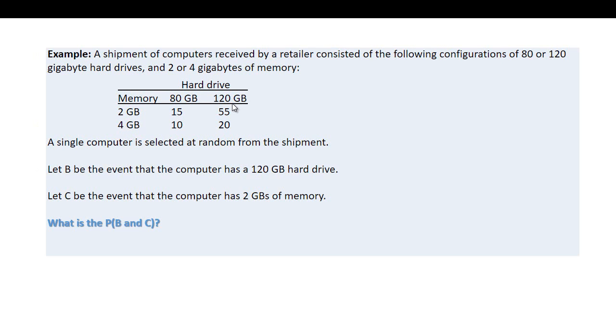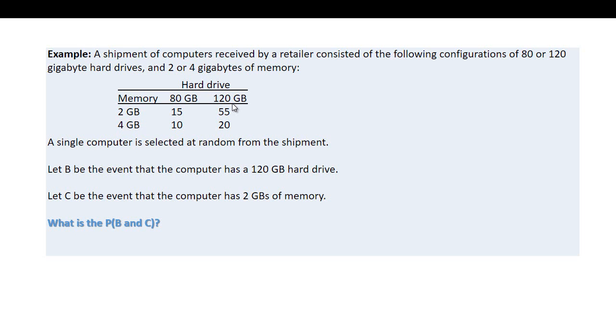Here's another example. Let's say a shipment of computers received by a retailer consisted of the following configurations of 80 or 120 gigabyte hard drives and 2 or 4 gigabytes of memory.